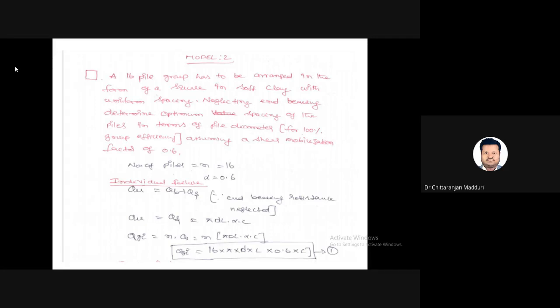For 16 piles, it is given by n into pi d L into alpha into c. So the equation for individual pile failure, with n equal to 16, is 16 pi into the diameter of the pile into the length of the pile, adhesion factor equal to 0.6, and into the cohesion c value. We don't know the d value, L value and c value, hence this is taken as equation number 1.